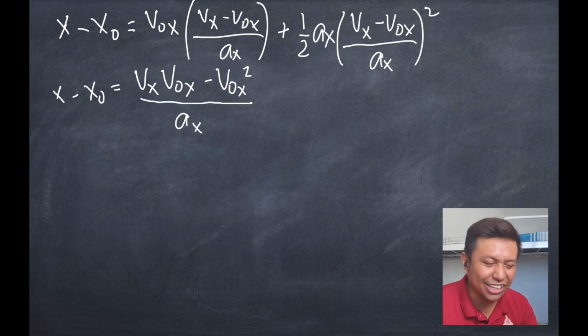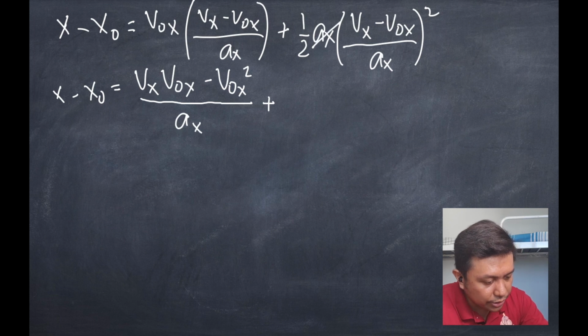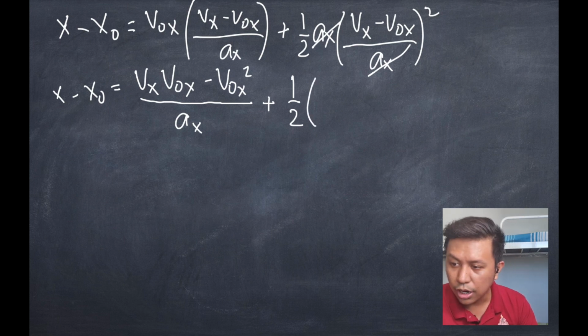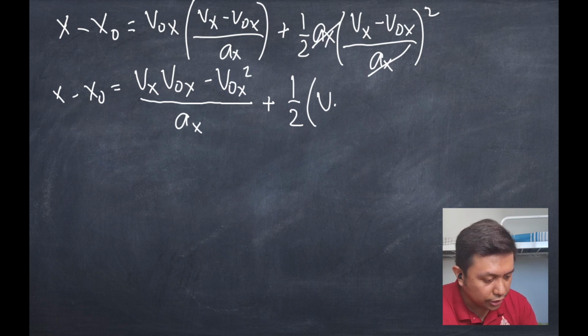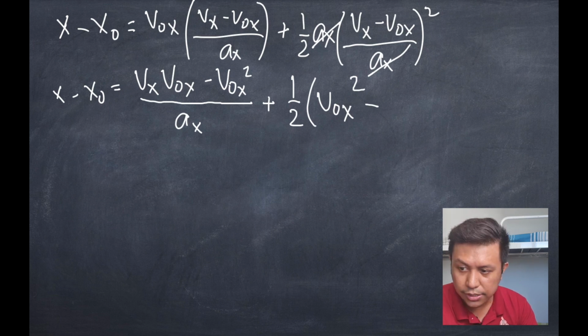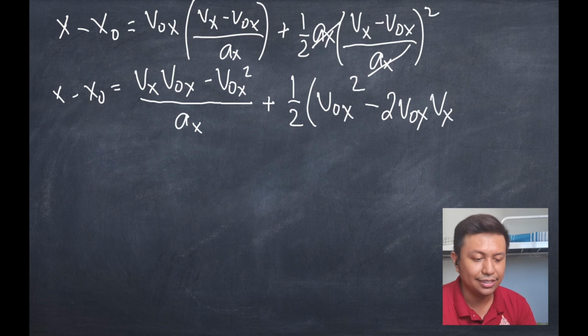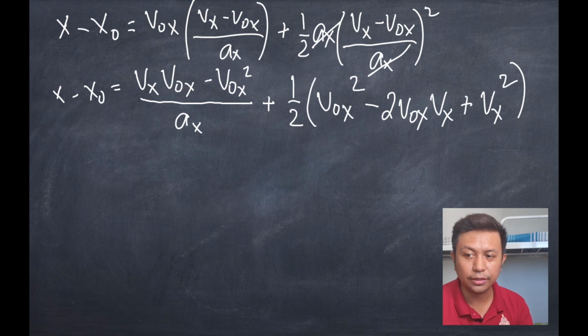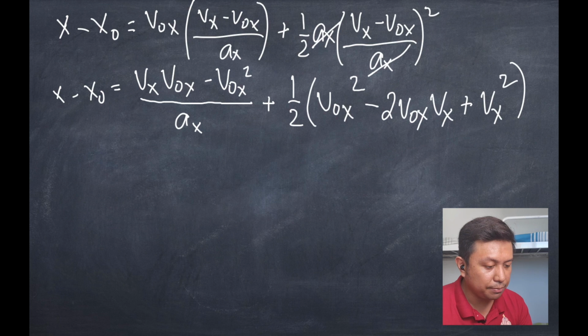Complicated, no? Plus, the a sub x here will just cancel, so you now have 1/2 times v naught of x squared minus 2 v naught of x vx plus vx squared.